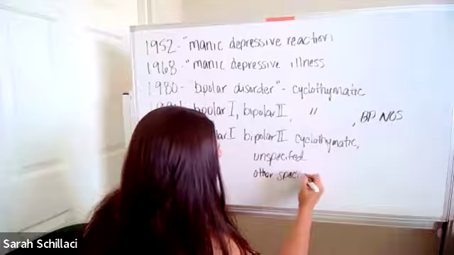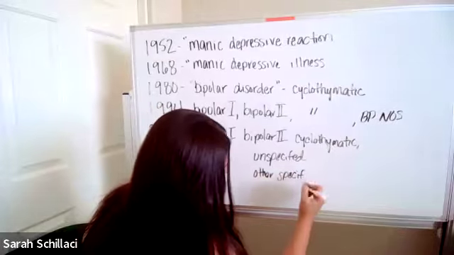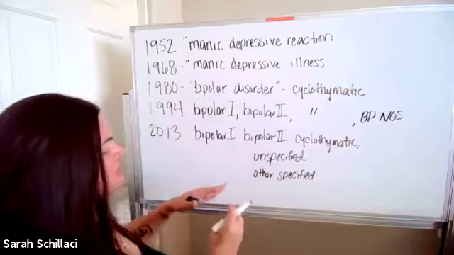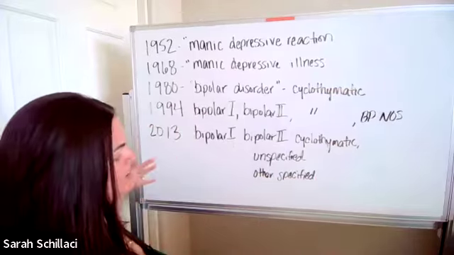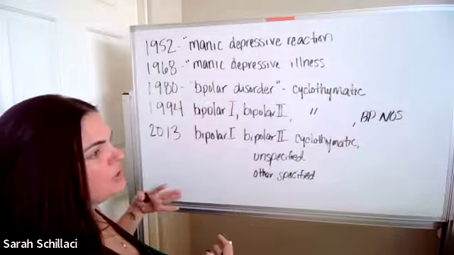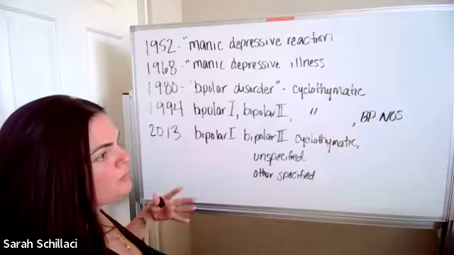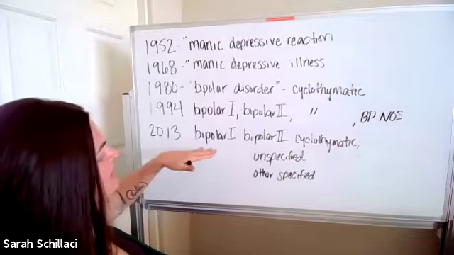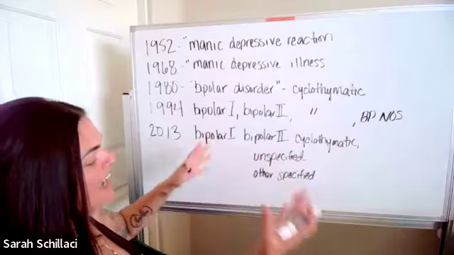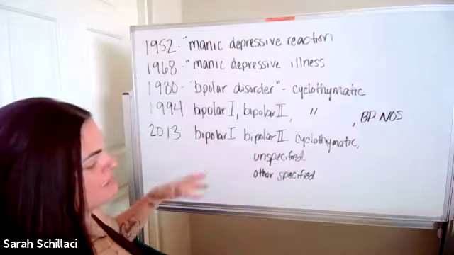And in my mind, the reason for this change is we're really broadening this spectrum. We're really allowing more room for patients who come in and maybe don't necessarily hit the criteria of these things, but they have some of these symptoms.